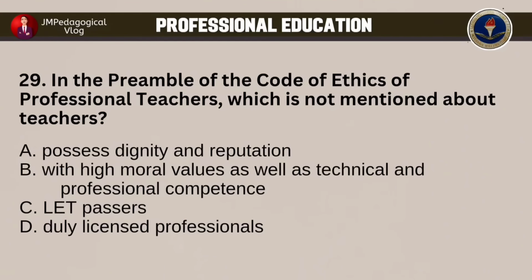29. In the preamble of the Code of Ethics of Professional Teachers, which is not mentioned about teachers? A. Possess dignity and reputation. B. With high moral values as well as technical and professional competence. C. LET passers. D. Duly licensed professionals.